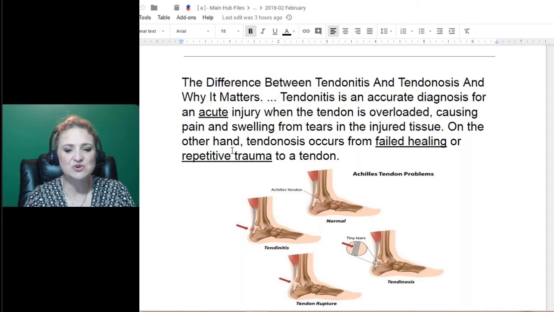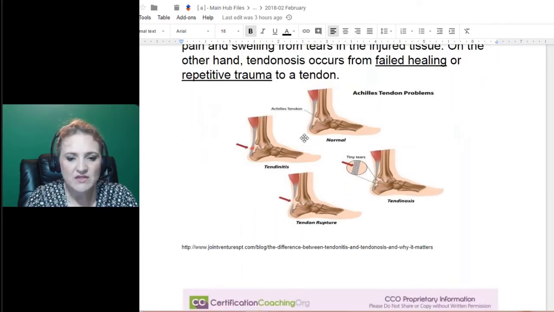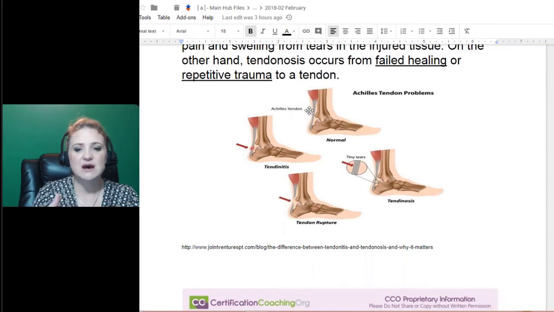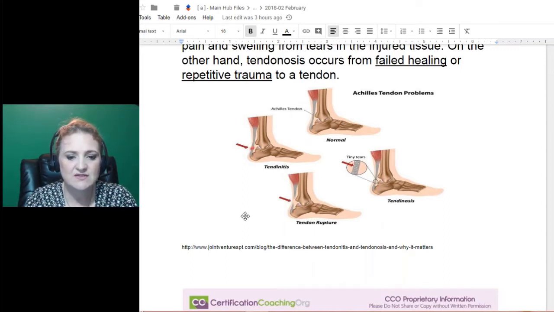So this is a great graphic that I found that shows you here's the Achilles tendon that goes up the back of the leg. Now, of course, this is the only graphic I couldn't find one on the shoulder, so I'm using one that is a tendon there in the leg. So right there, that Achilles tendon. If you have tendinitis, it's an inflammation of that Achilles tendon. All right.